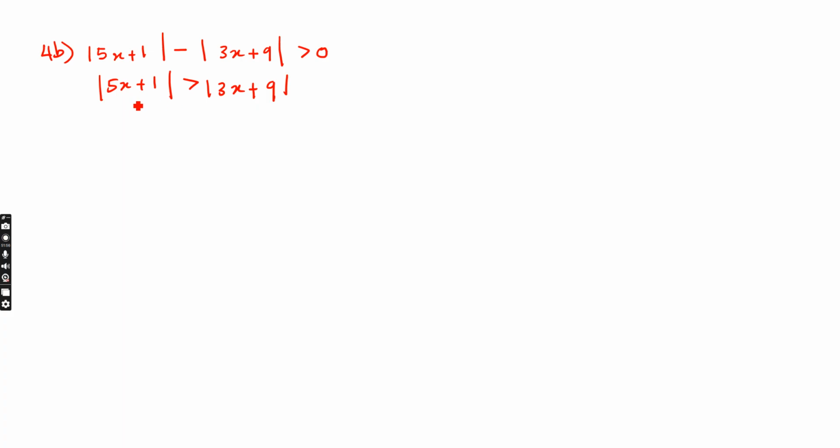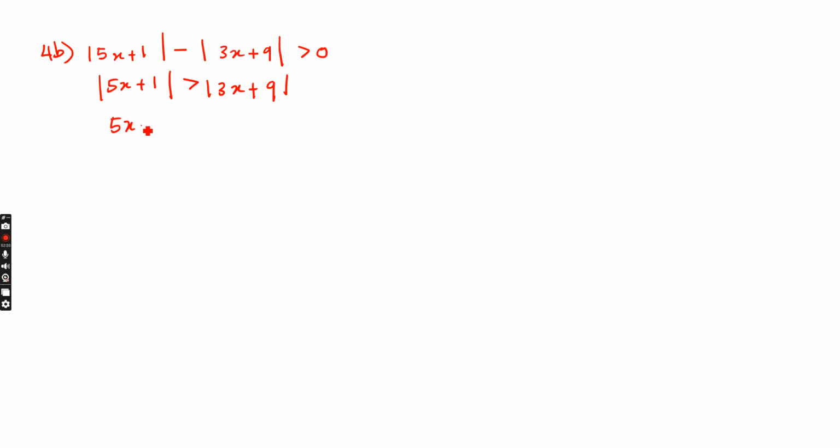In order to solve, when you have modulus here, you cannot just simply solve like that, because for the previous one we separated the value, but now the left and right side both have absolute value, so we cannot just remove them like that. So what we need to do is change this by using a square symbol.